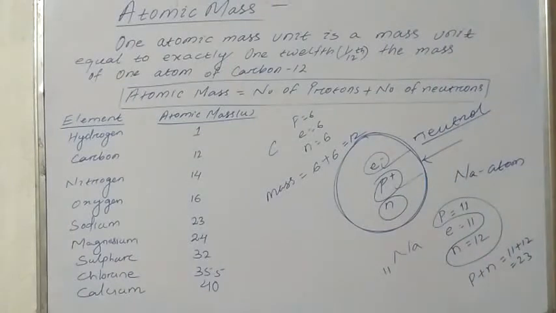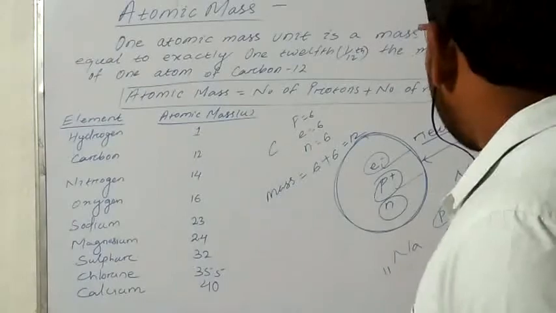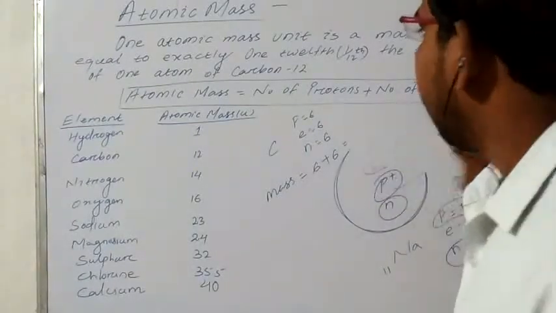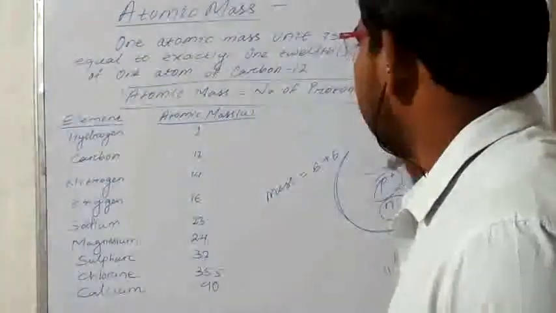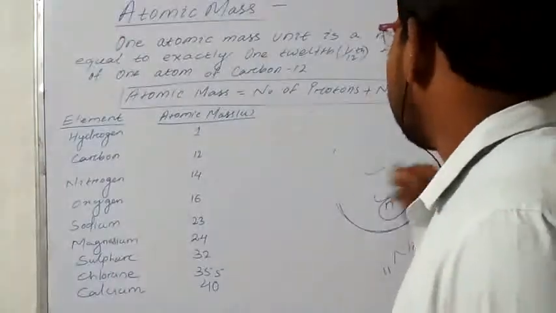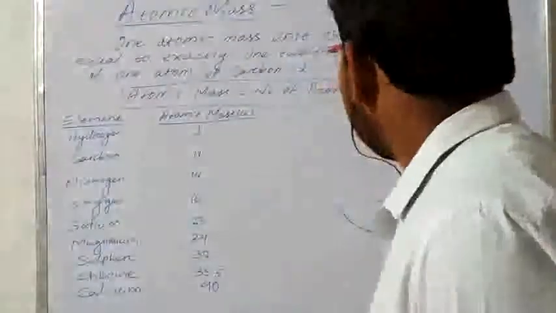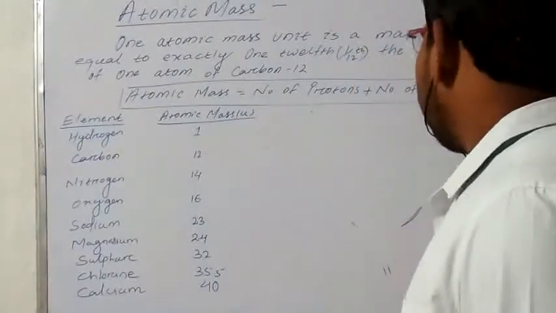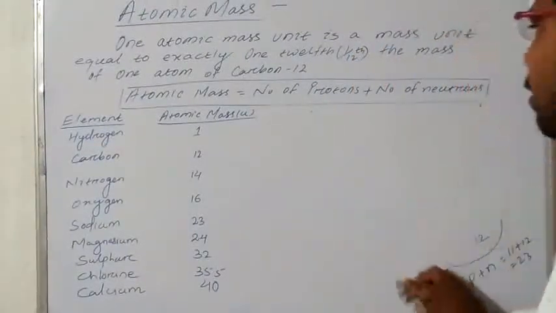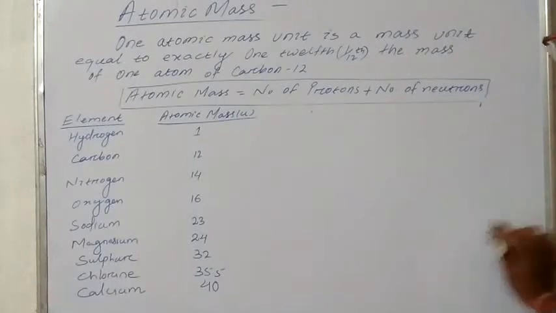Mass number is expressed in atomic mass units. One atomic mass unit is a mass unit equal to exactly 1/12th the mass of one atom of carbon-12.